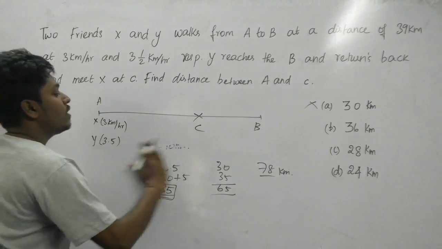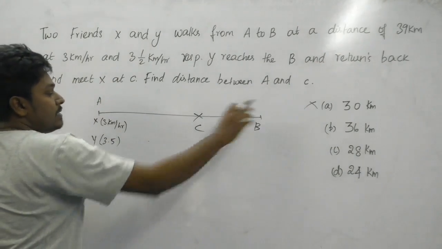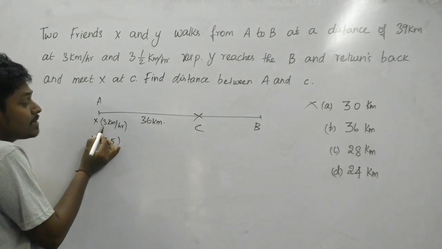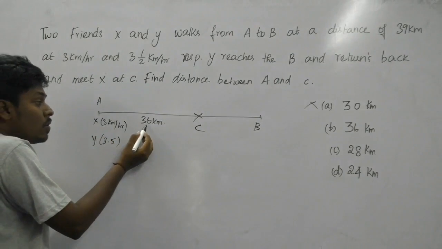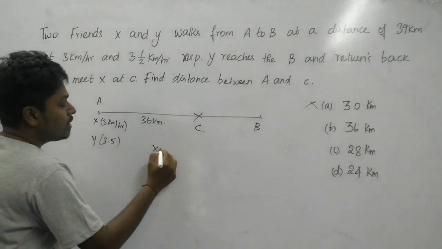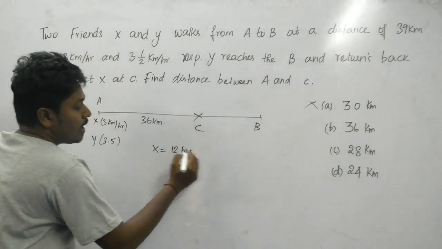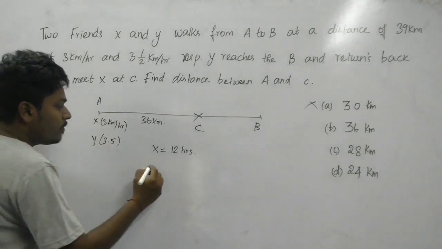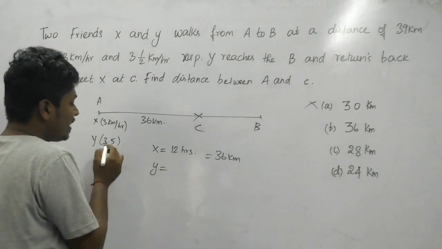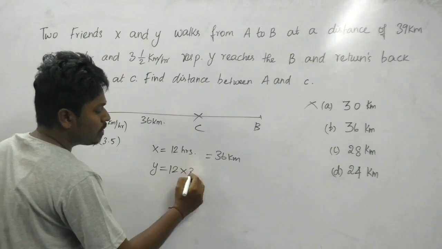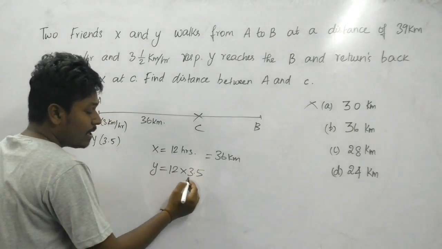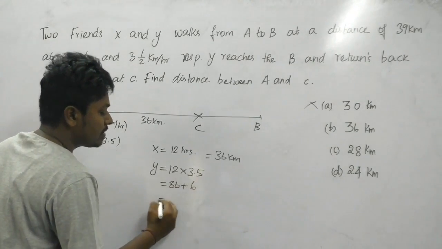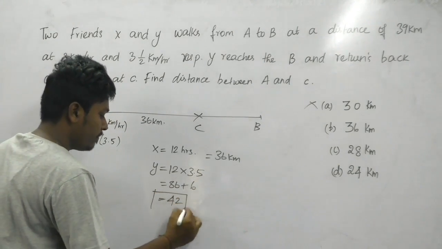We can go for the second option, right? If they meet at 36 kilometers, x travels at 3 kilometers per hour. In order to go this 36 kilometers, he should take 12 hours. 12 into 3 gives you 36. So we can go for y. Y travels at 3.5, so it is 12 into 3.5. 12 into 3 is 36, 0.5 is half of 12, which is 6, so 36 plus 6 is 42.